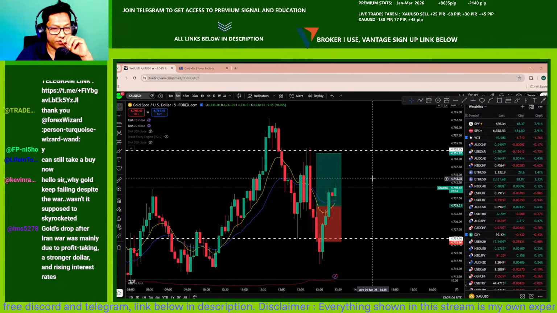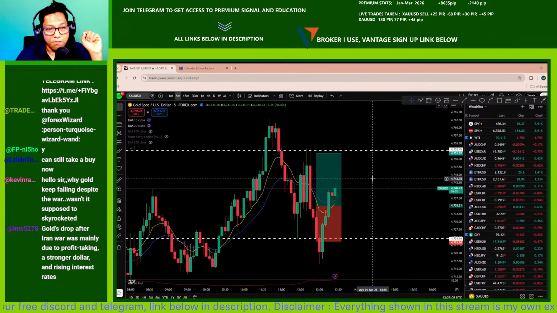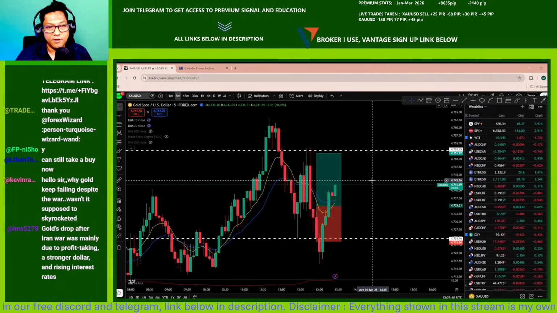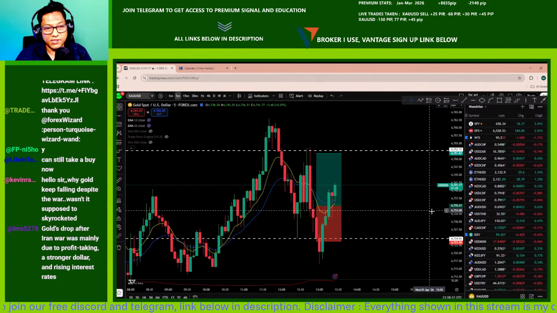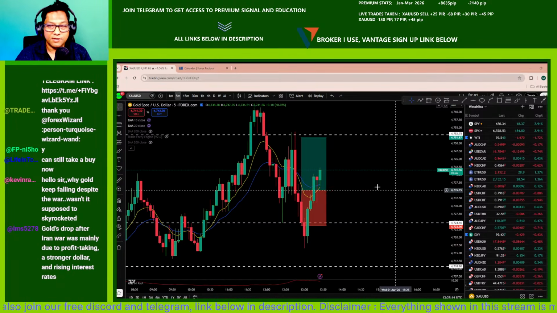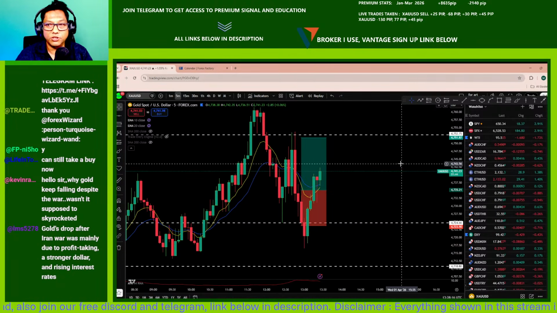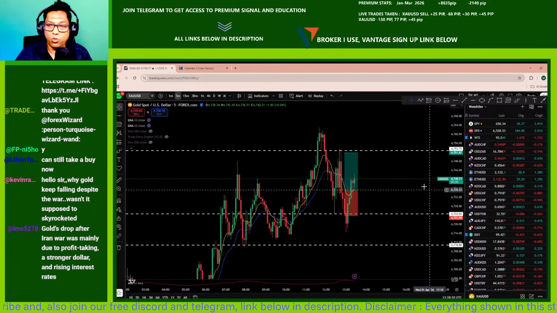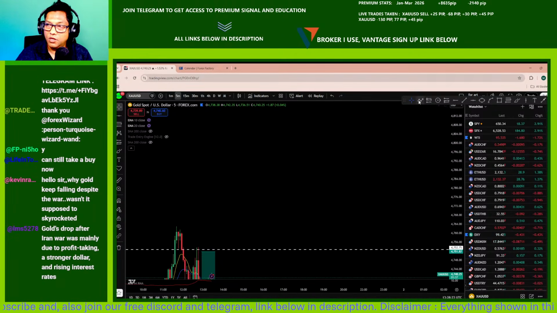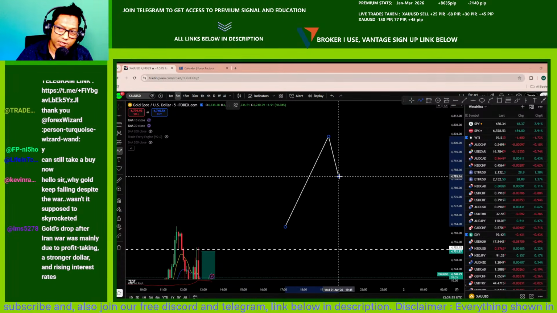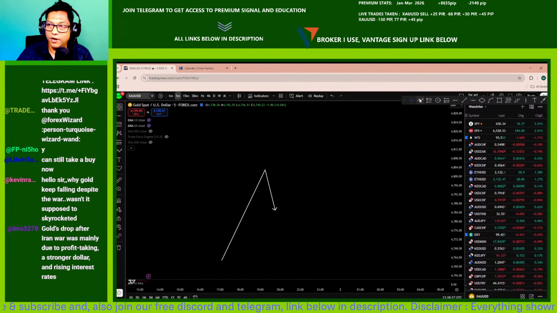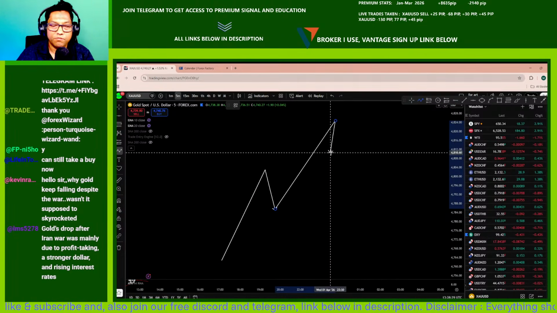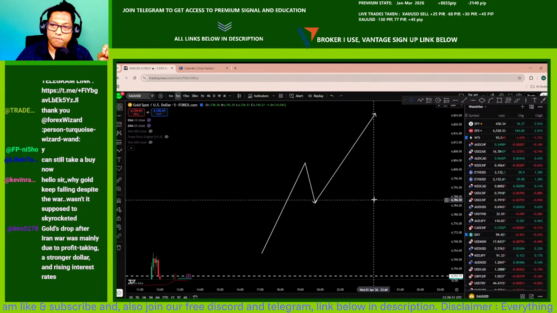Gold's drop after the Iran war was mainly due to profit taking, a stronger dollar, rising interest rates. Yes, exactly, you are to the point. This is what I was talking about. This gold drop is basically profit taking. When a market trends, it cannot go up forever. It has to come down for another upside. And that's what happened.